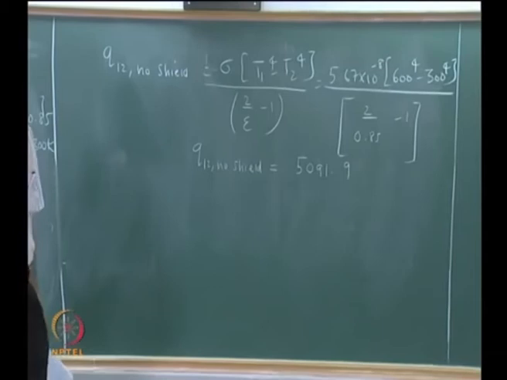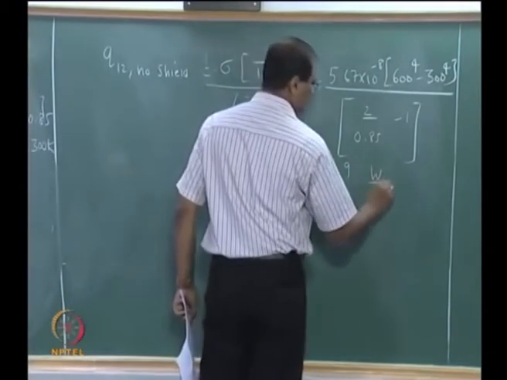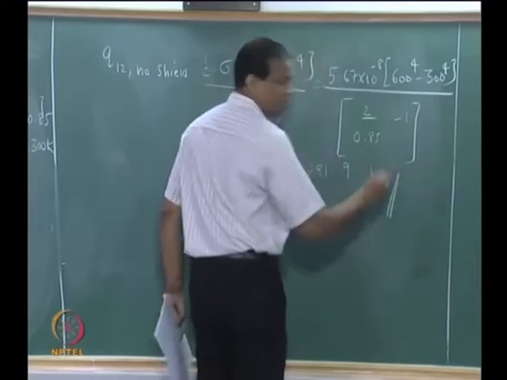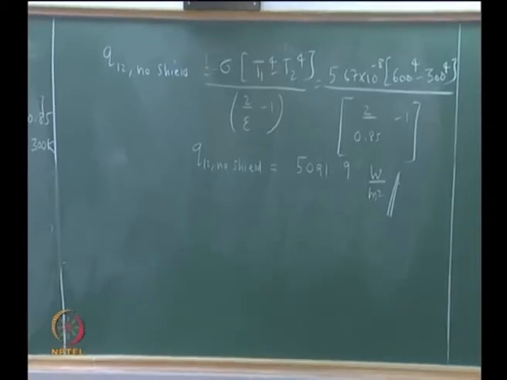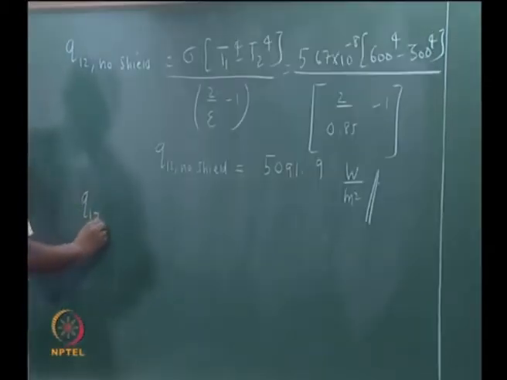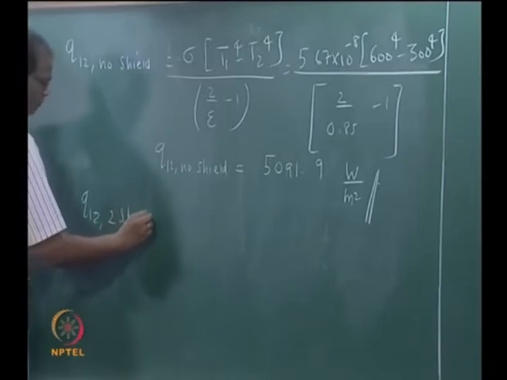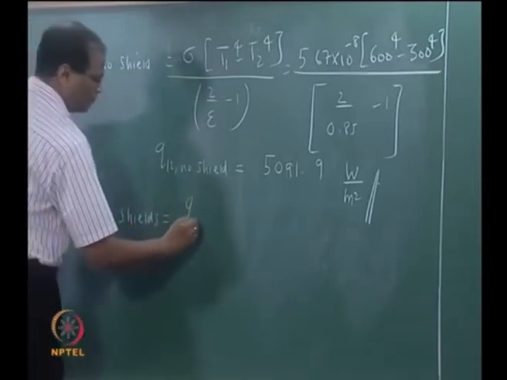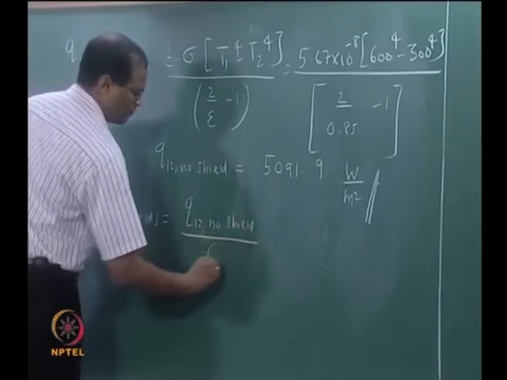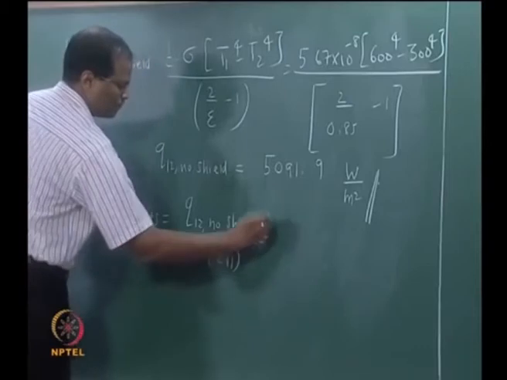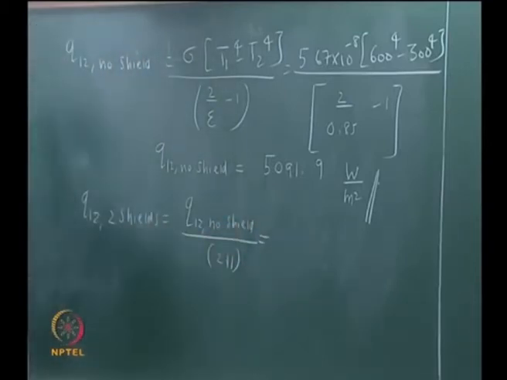Watts per meter square area. This is the first step. Now we have to do Q12 with 2 shields: 5091.9 divided by 3.